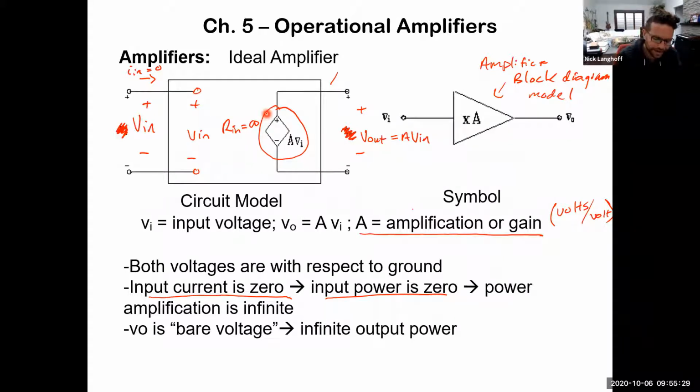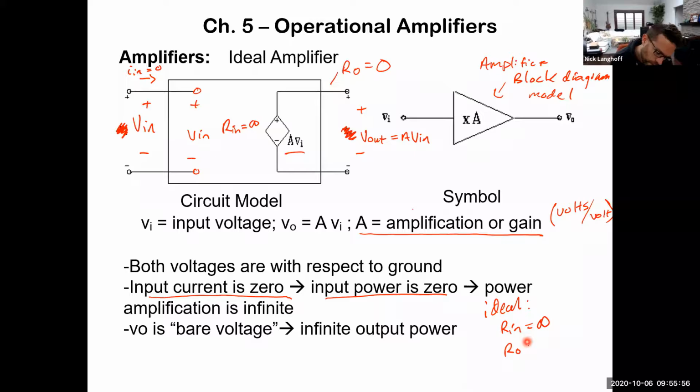It has a gain A, and it's multiplying by the input voltage Vi. But you don't see any output resistance here. So in fact, since there is none, the output resistance Ro is 0 for an ideal amplifier. So an ideal amplifier has Rin infinite, Ro is 0.